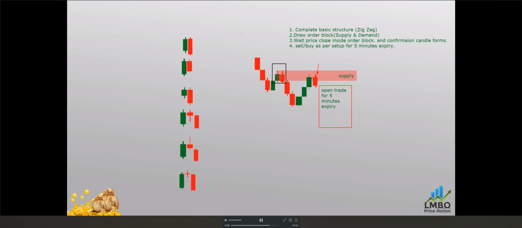So you can draw the patterns like that. Whatever pattern forms here, then you can go.